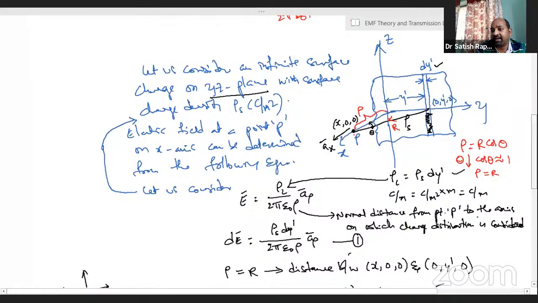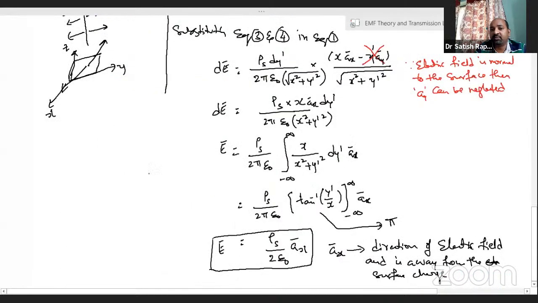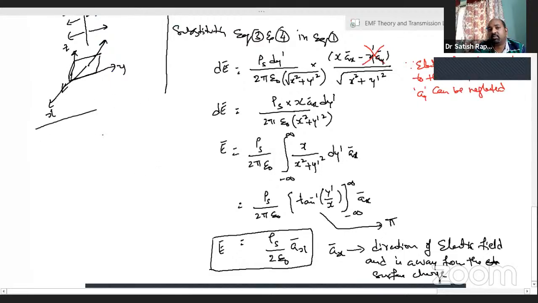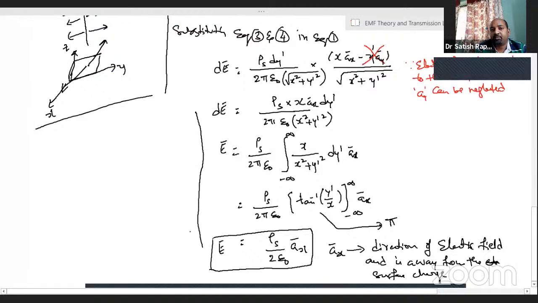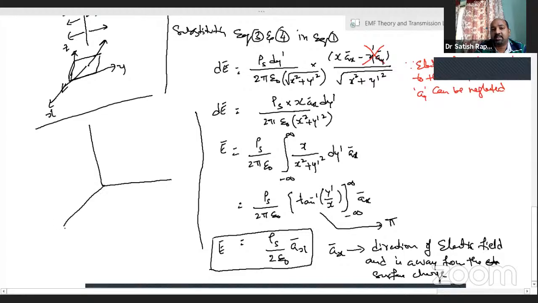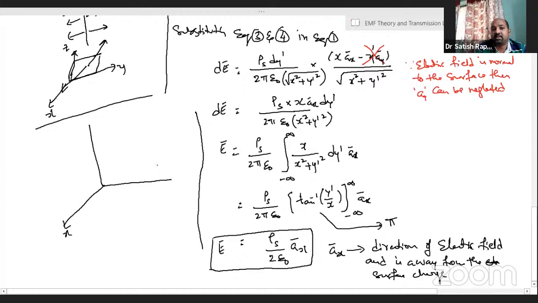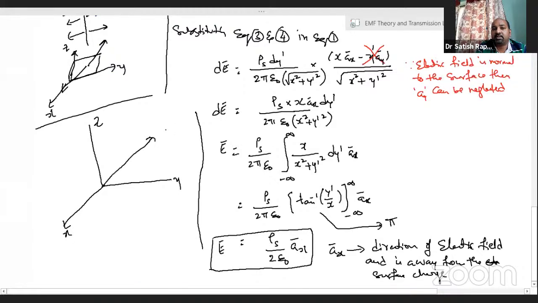On the other hand, here I will give you some cases. Let us say x-axis, y-axis, and z-axis. This is the negative x-axis.